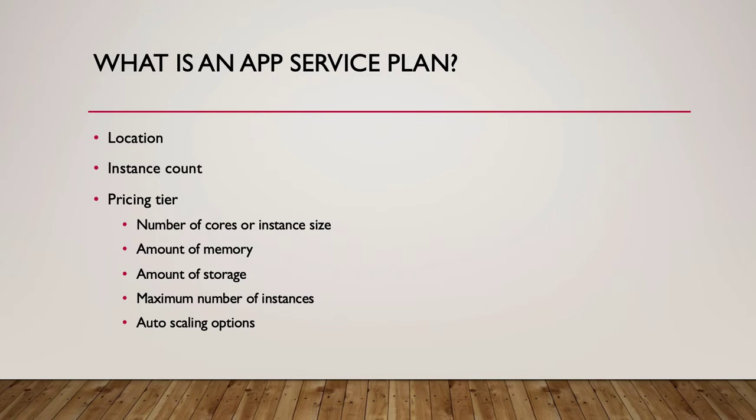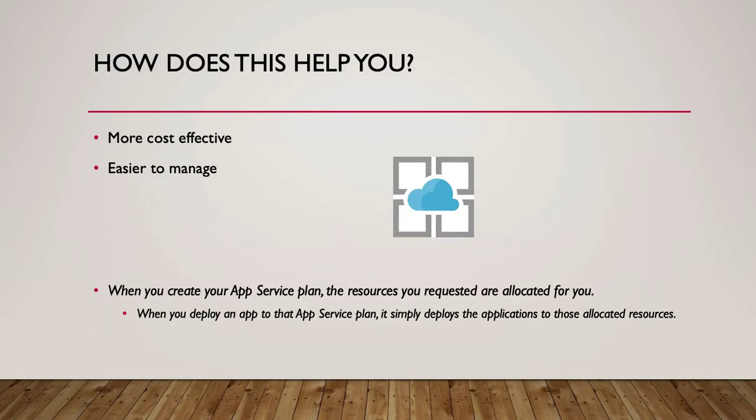So when you deploy your app service for the first time, you specify which app service plan you want to use. At deployment time, you can select an app service plan you have created or create a new app service plan. So how does the entire thing help you? Through being more cost effective and easier to manage.